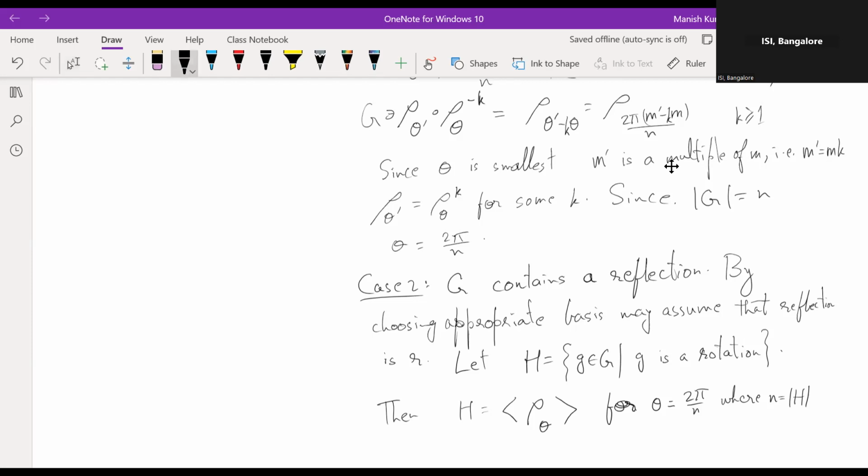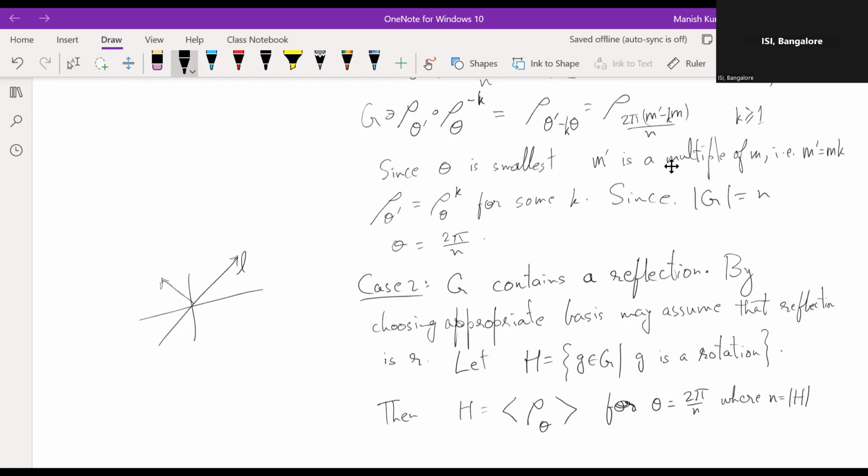Even if it is a reflection by this line L, we change the basis from x1, x2 to this line and something perpendicular to it. So by choosing the appropriate basis, we can assume that the reflection is R.